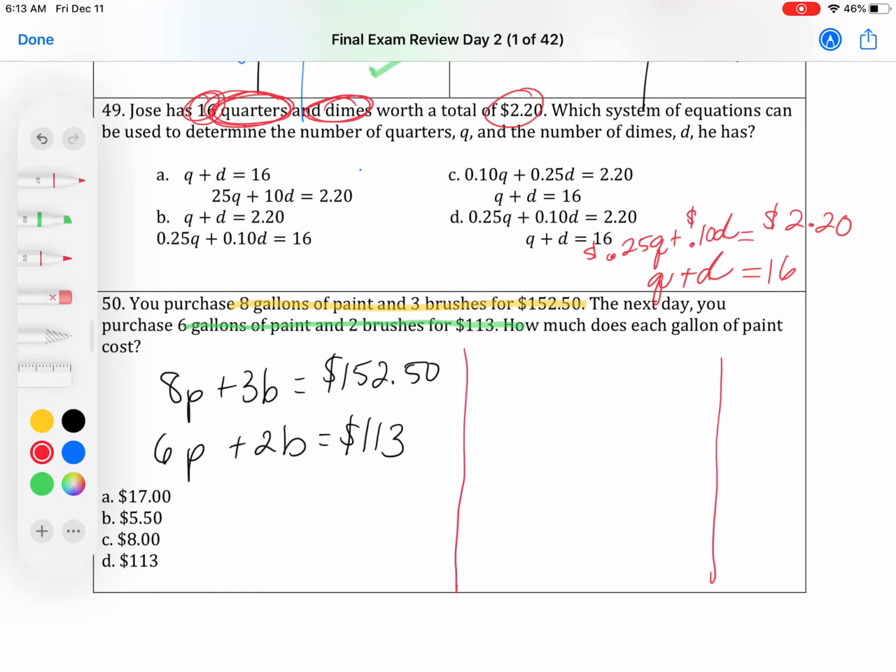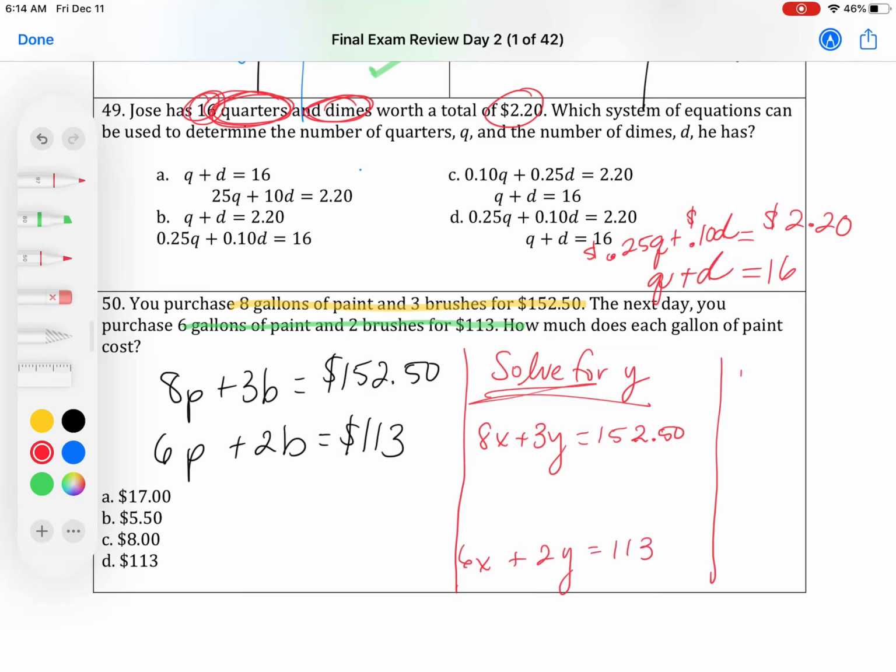Now I need the actual answer. So to get the actual answer, I rewrite this as 8x plus 3y is $152.50. Solve for y. My next equation is 6x plus 2y equals 113. Solve for y. Once y is by itself, you plug them into Desmos, and you can tell me where they cross.